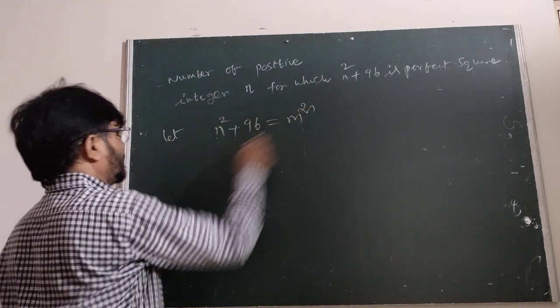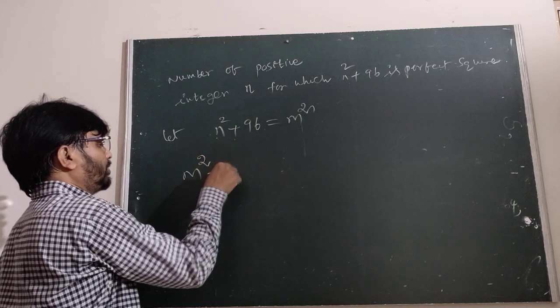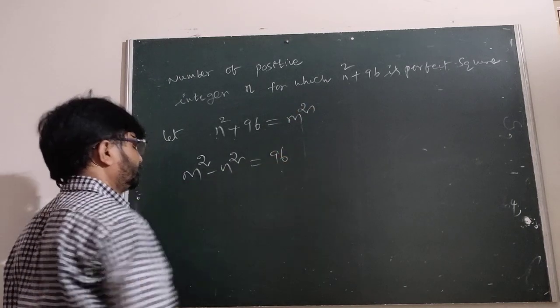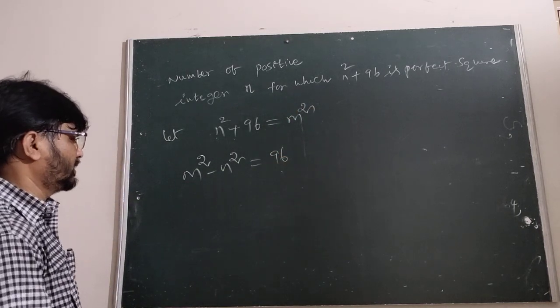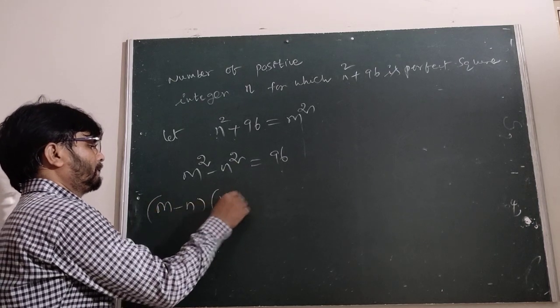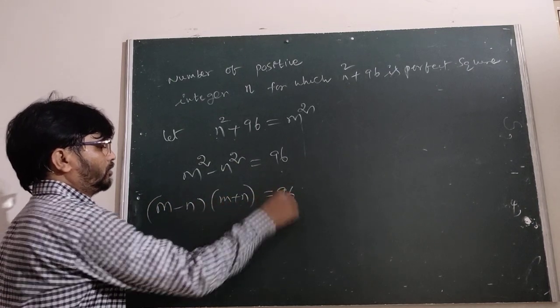Sending n square to the other side, m square minus n square equals 96. Now this is (m minus n)(m plus n) equals 96.